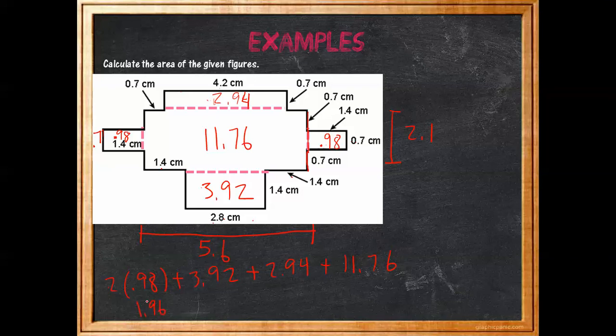Then if I add 3.92 and 2.94 and 11.76, that's going to give me 20.58. So the area of this big unit is 20.58 centimeters squared. And that is the end of finding area.